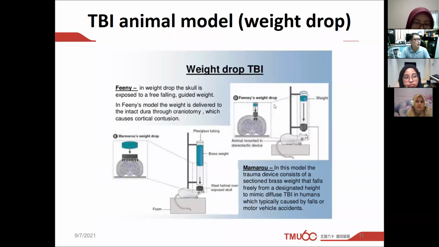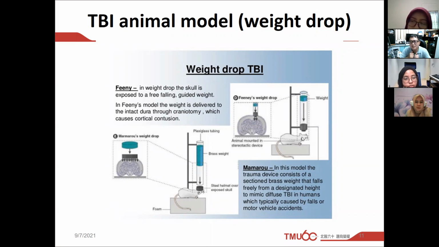This one we call weight drop. This is a very simple one. We have a weight here through the tube and drop it, and it will hit the brain. I mean, it hits the skull directly. So we need to try.